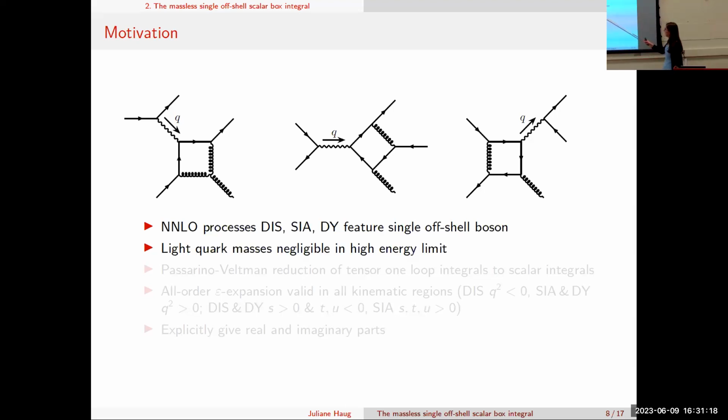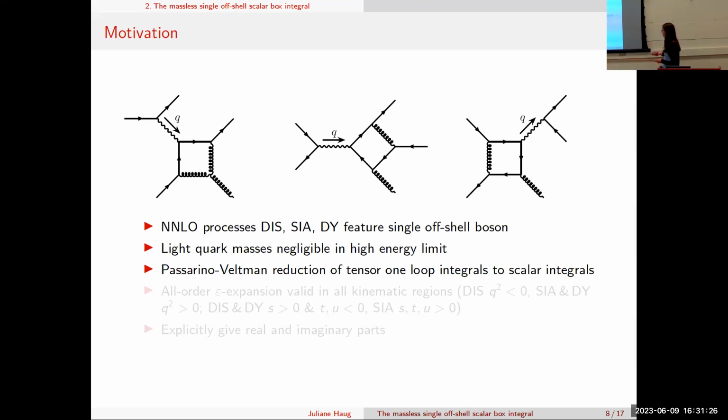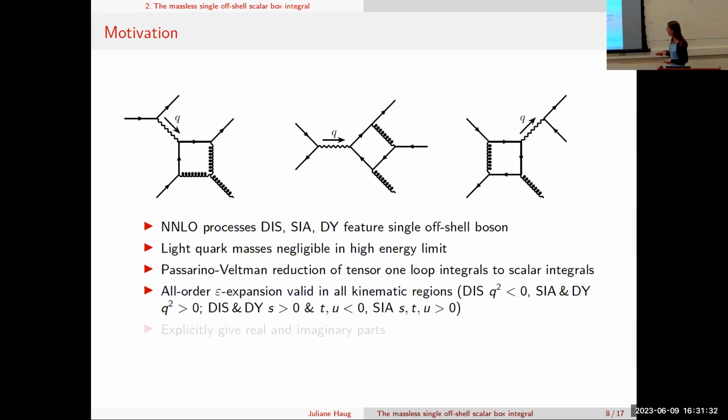And we can neglect light quark masses in the high energy limit, so we need to only look at the massless box integral. As mentioned, we can reduce tensor loop integrals to scalar integrals, so that's the scalar in my title. Basically this integral is available in the literature, but the results are not that user-friendly and not established to all orders in epsilon.